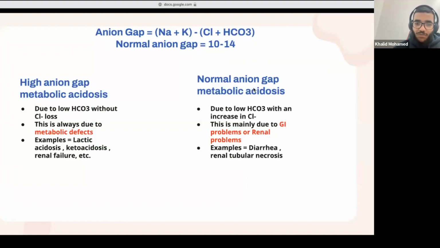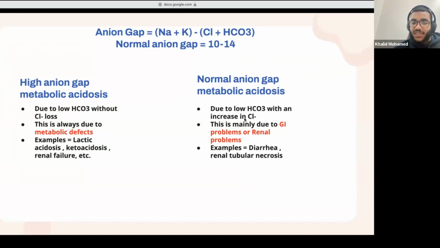Now, we have normal anion gap metabolic acidosis, and this is always due to GI or renal problems, okay? So due to low HCO3, but there's an increase in Cl minus. Okay, so the Cl minus compensates for the loss of HCO3, and therefore will have a normal anion gap.